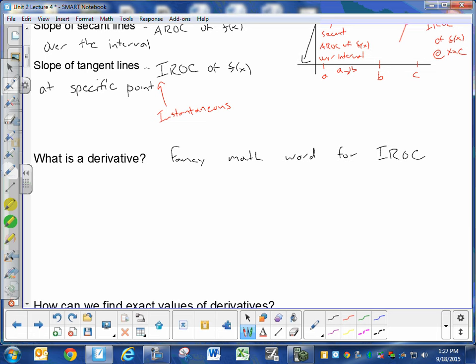Derivative, instantaneous rate of change, slope of tangents, all are the same. They all mean the same thing. I could be asking you a question 3 different ways, and you should just know that if you have a derivative, it's really the same thing as talking about the instantaneous rate of change, which is really just the same thing as the slope of a tangent. Okay? Interchangeable, those 3 terms.